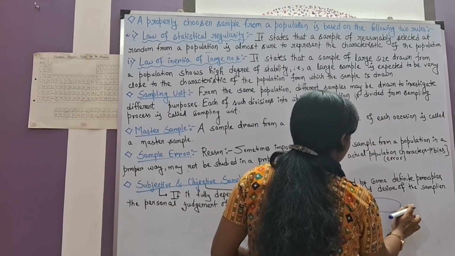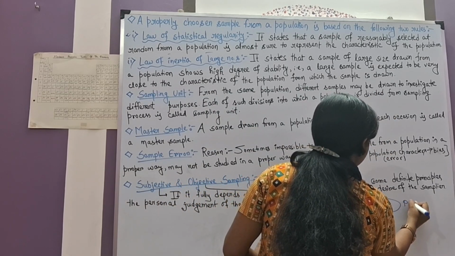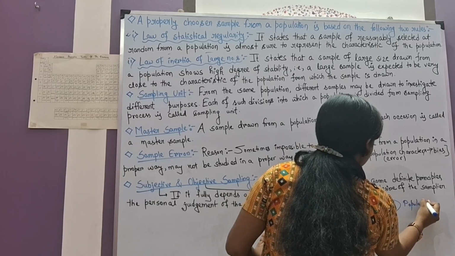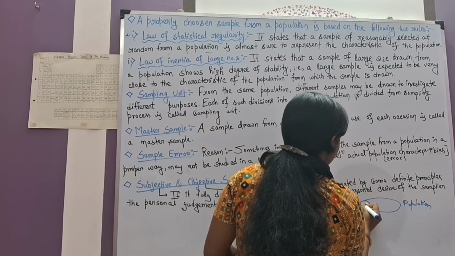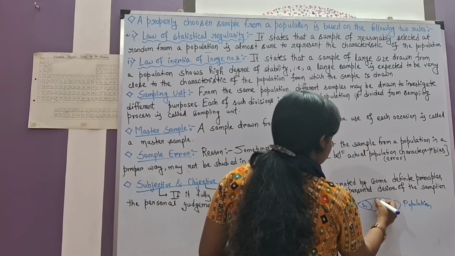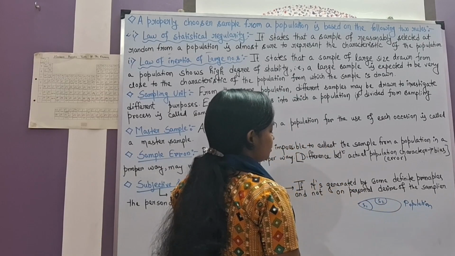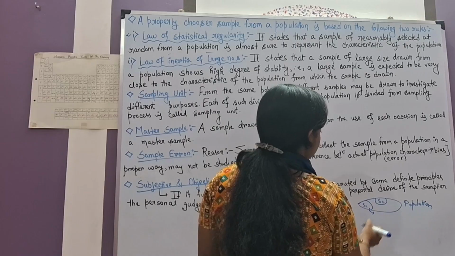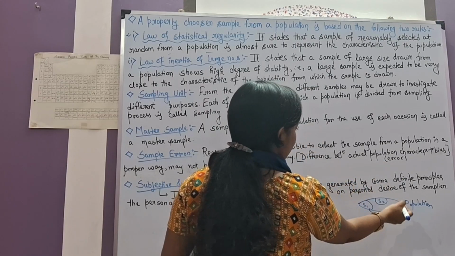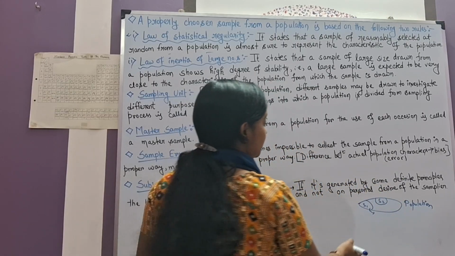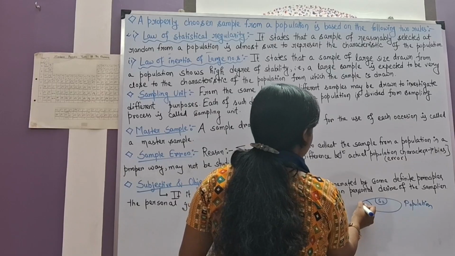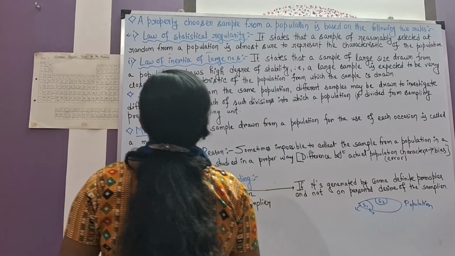Let us assume that this is a population. Now this is sample number 1, say S1, and this is sample number 2, say S2. If S1 represents the characteristic of the population far better than S2, then it will be chosen as the sample.